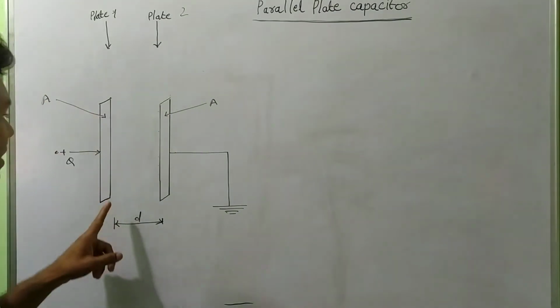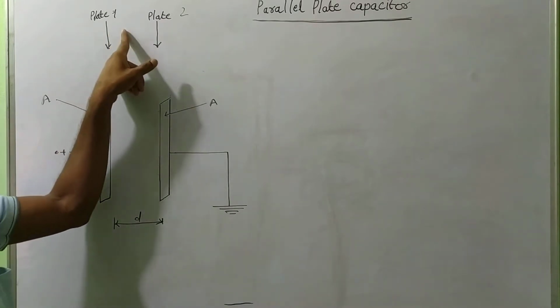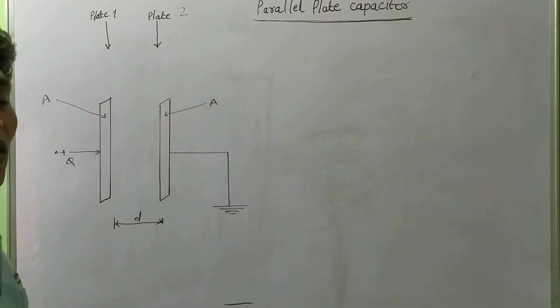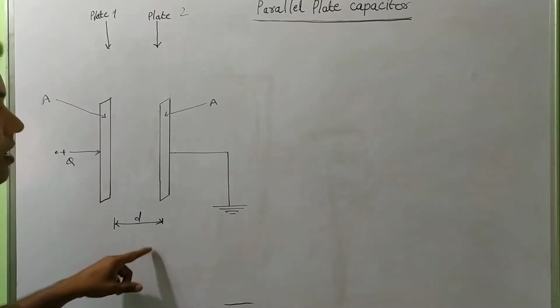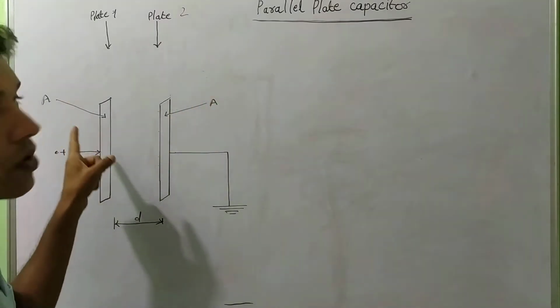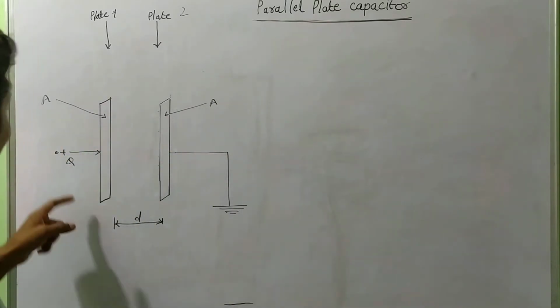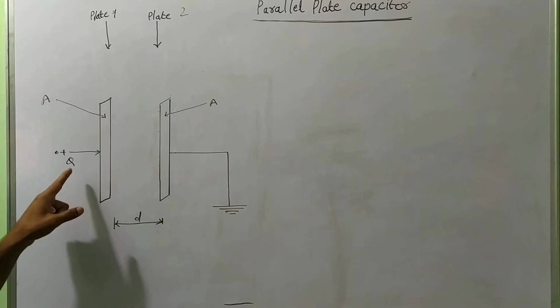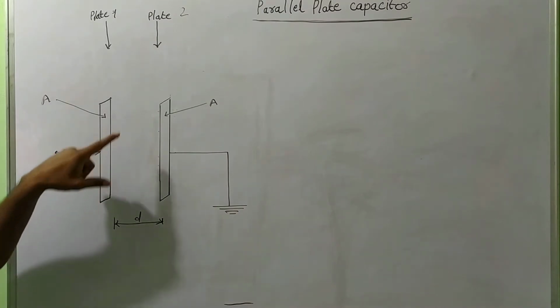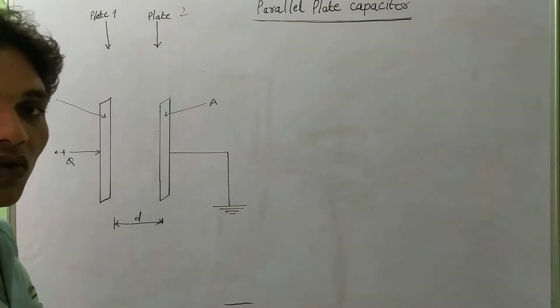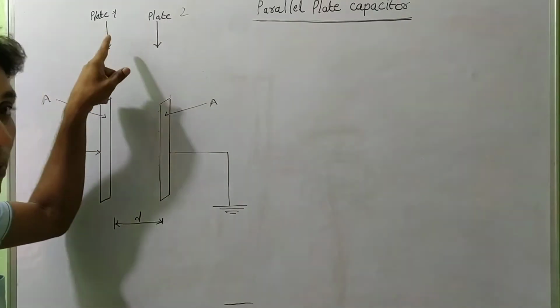So this is the first rectangular conductor or rectangular plate, and this is the second rectangular plate, separated by a small distance d, and the area of both plates is equal, A and A. Let plus q charge be given to the first plate, then this q charge will be distributed over the surface of the first plate.